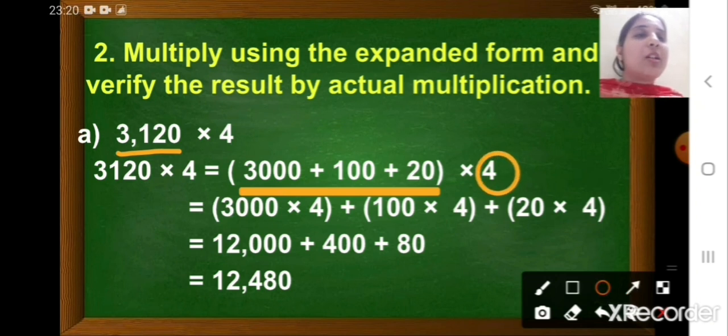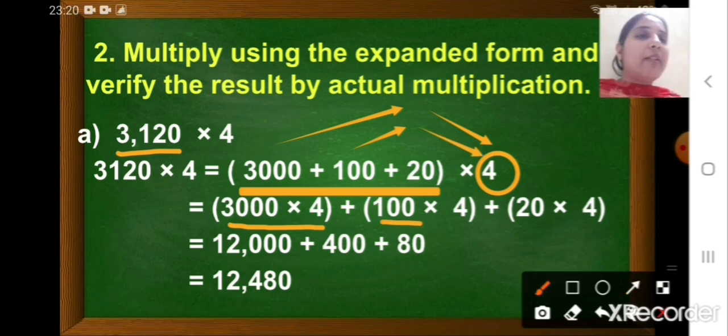Now we have to multiply each term of the expanded form by the number 4 that you can see here. So first we will multiply this 3000 by 4. Then we will multiply this 100, the second term of the expanded form, by 4.